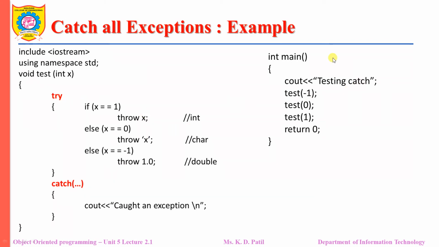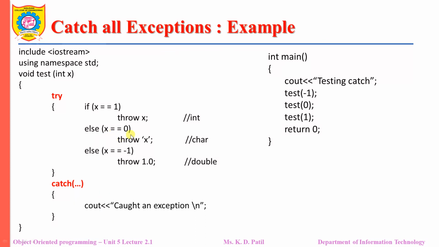Here I have the main function. In the previous example we designed different handlers to handle different exceptions. Now I have here test -1, test 0, test 1 with the value for x. When x is equal to 1, then this catch will be executed.